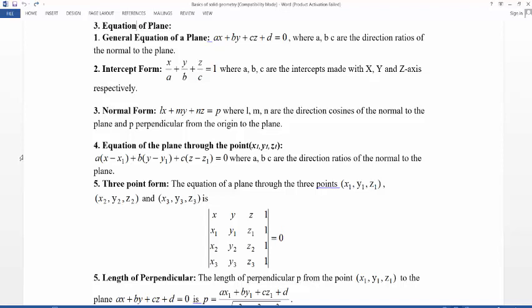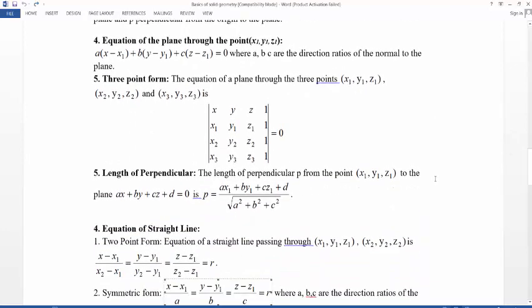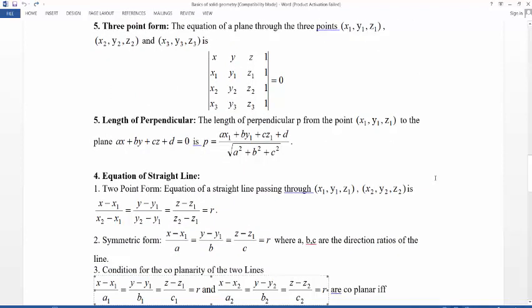Now the next concept is length of perpendicular. There is a plane, suppose its equation is ax plus by plus cz plus d equal to 0, and say one point Q, whose coordinates are x1, y1, z1, lies outside the plane.